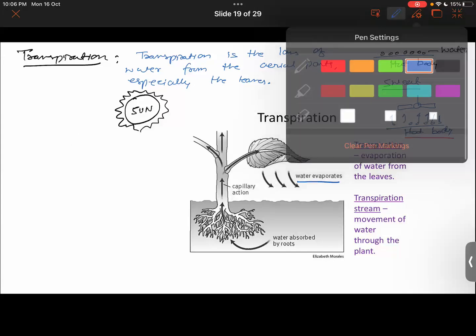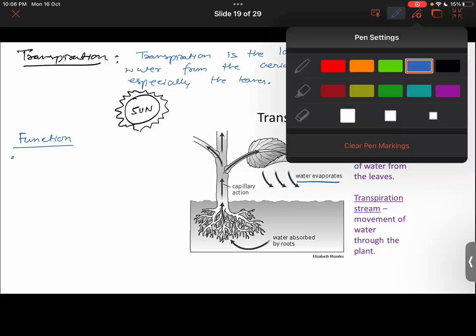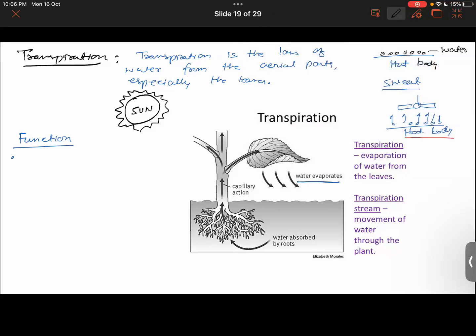So if you were to talk about its functions, what function does it perform? Can you name the functions? Few of them I've already told. Like it helps in gaseous exchange.